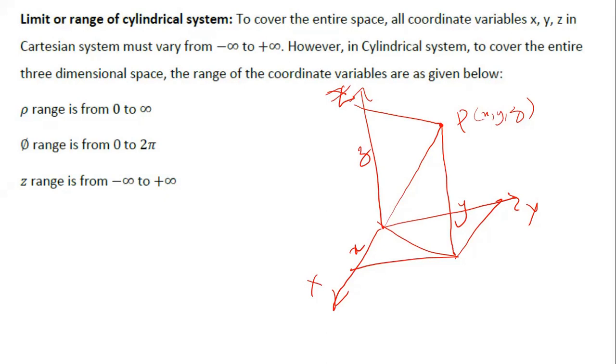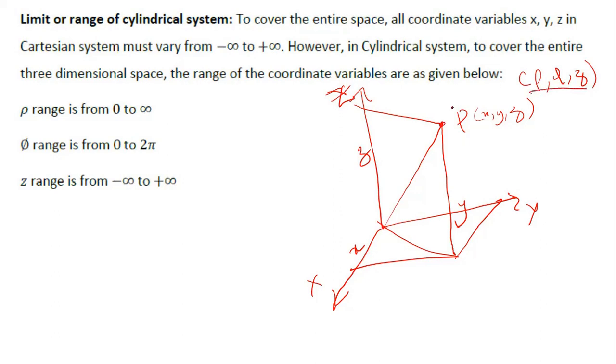So in certain cases, if your engineering problem or your physics problem has a cylindrical geometry, if you use your rho, phi, z coordinate system, it can simplify your mathematical steps. So how do we represent this point P using this rho, phi, z?